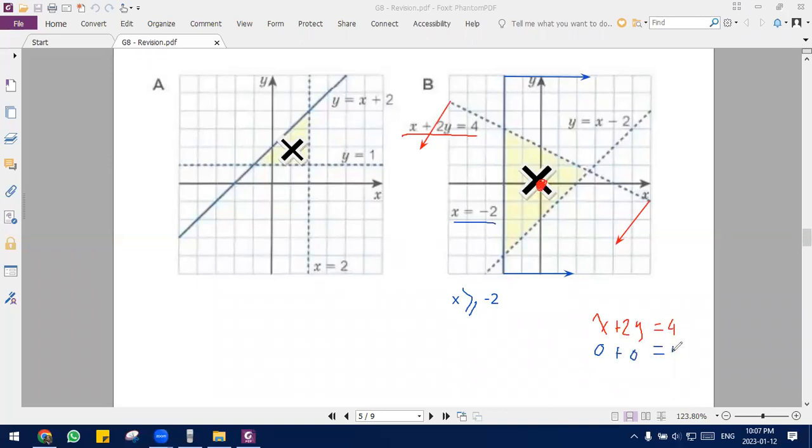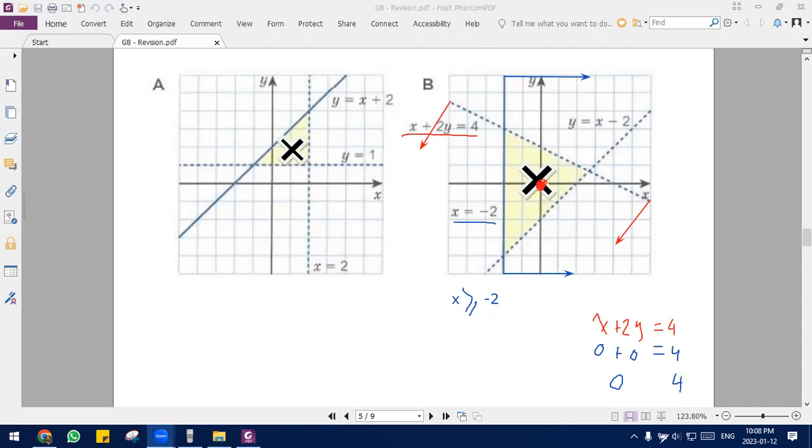Now I'm writing the equal sign, but next time I will not write it. Now 0 plus 0 is 0. This is on the left side. On the right side, I have 4. Now again, I need to go back to my point. It's here. Is it from the region? Yes. What does that mean? It means it has to satisfy the equation. So that equation that we have here, 0 and 4, it has to be correct.